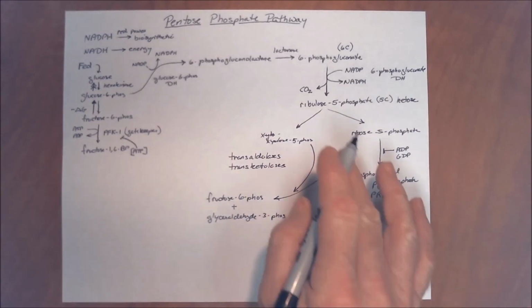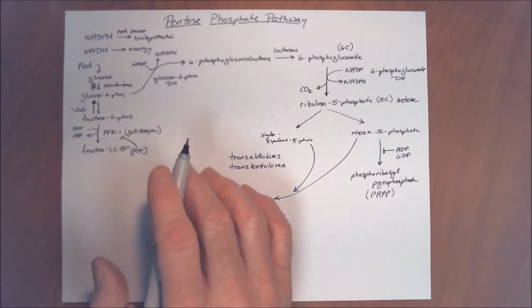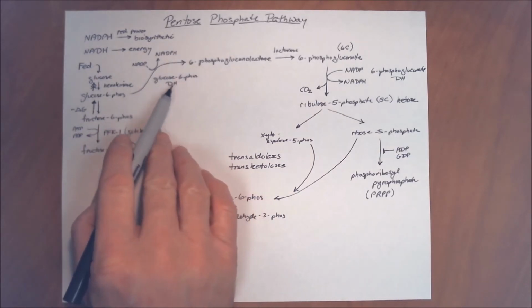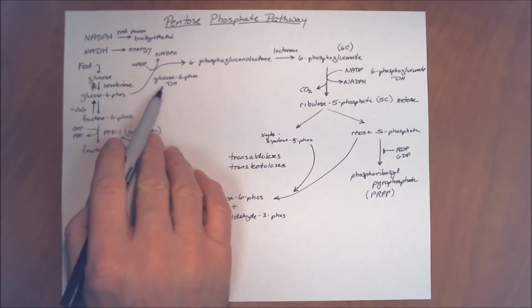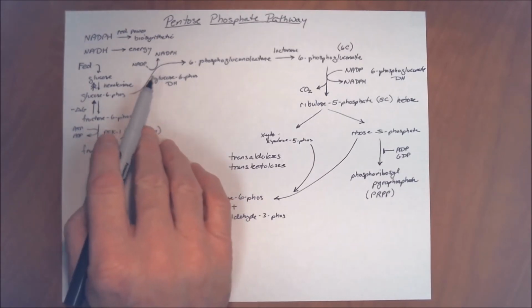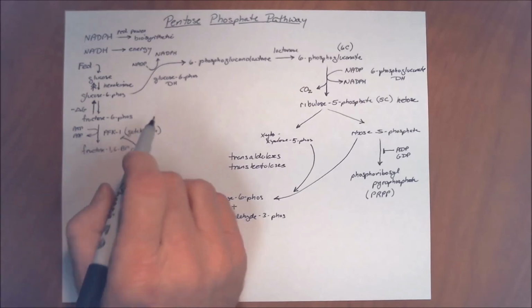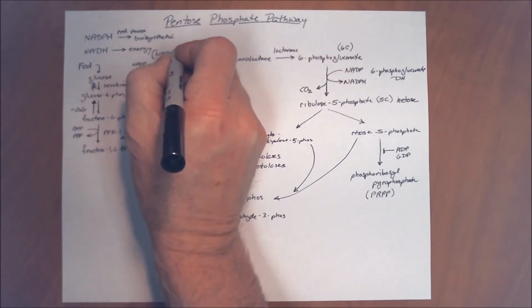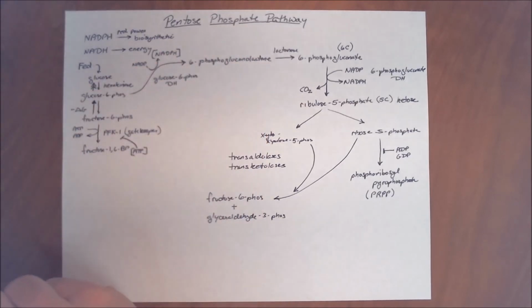Now, as far as regulation of this system, the first step of the pentose phosphate pathway with glucose 6-phosphate dehydrogenase is the rate-limiting step and the entrance into the pathway. The activity of this enzyme is going to depend on the concentration of NADPH.